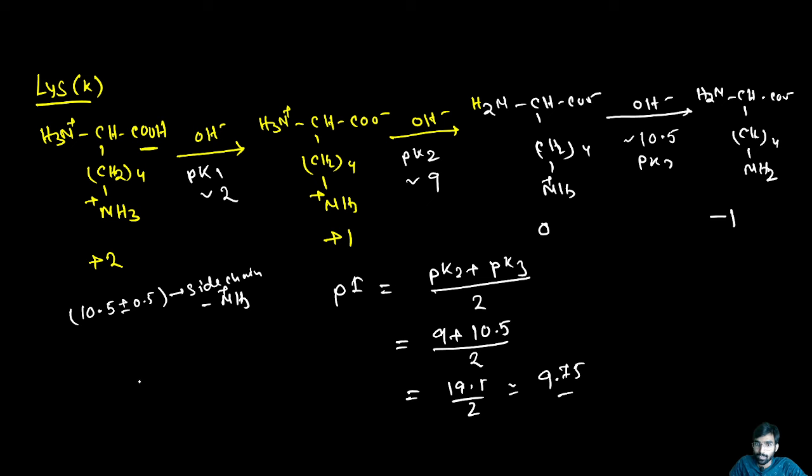Okay. So the basic thing is that you should remember the pK of the side chain. I am writing it for you. In general, the alpha carbon related COOH, that is directly linked to C alpha, its pK is around 2. Now C alpha directly to NH3 plus, it's related to 9.